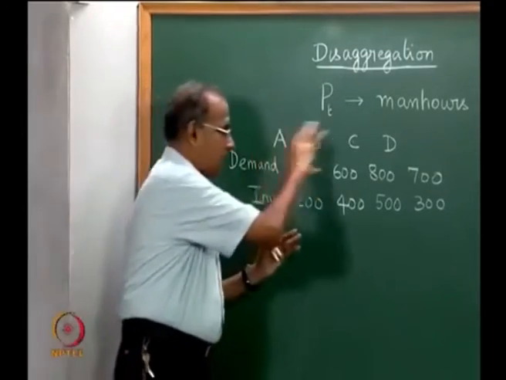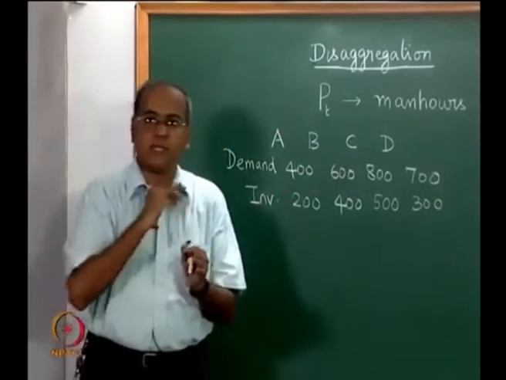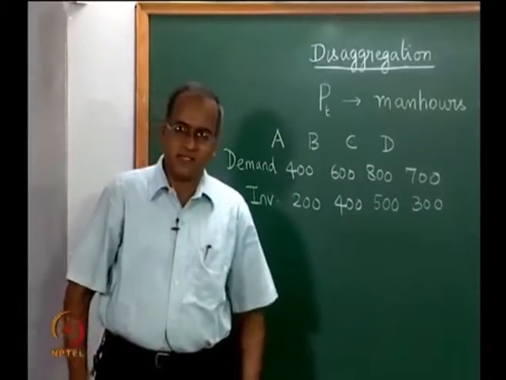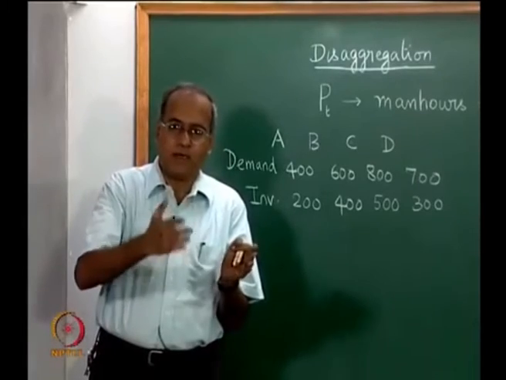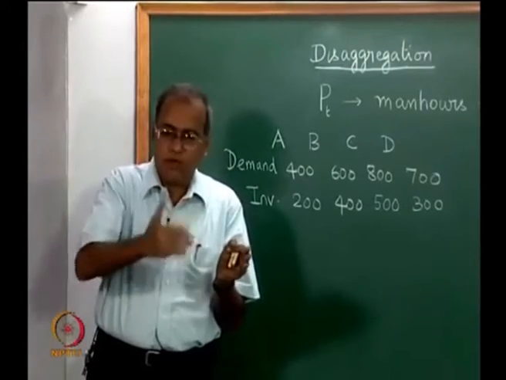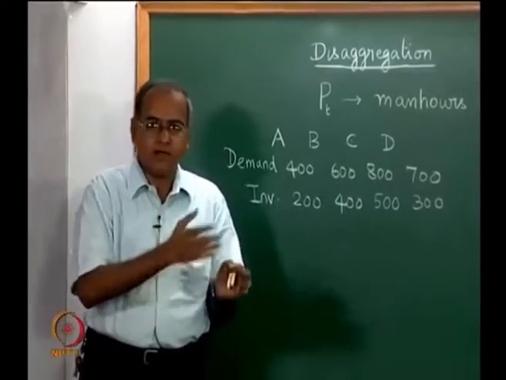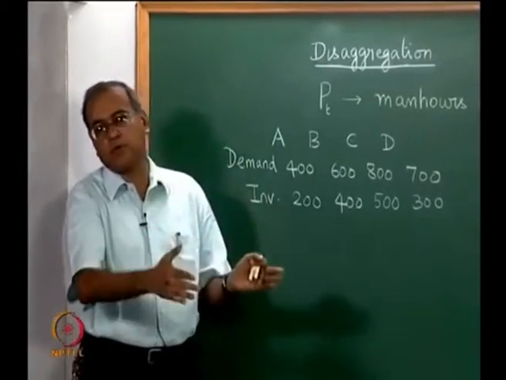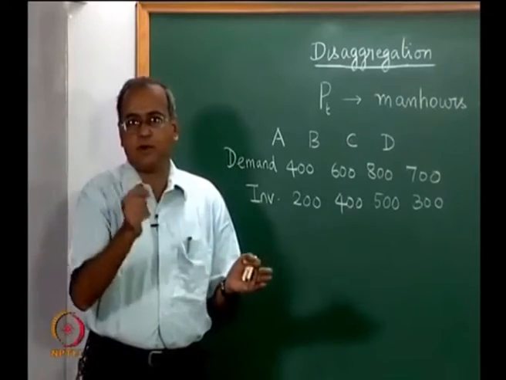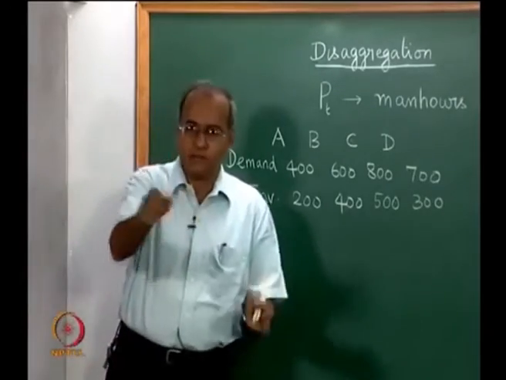So we have to choose A, B, C, D or rank them or sequence them in an order such that before we start the production of any one of A, B, C, D, we should have enough inventory to meet the demand from time period 0 up to the time period at which we are going to start the production of any of them.